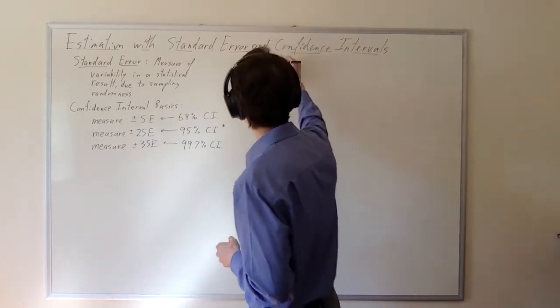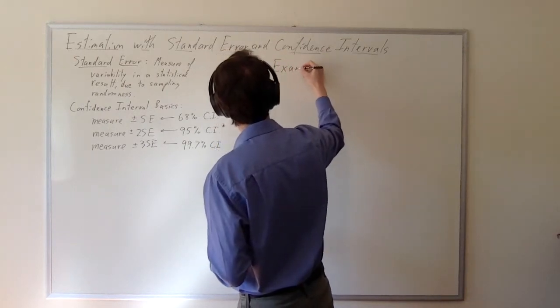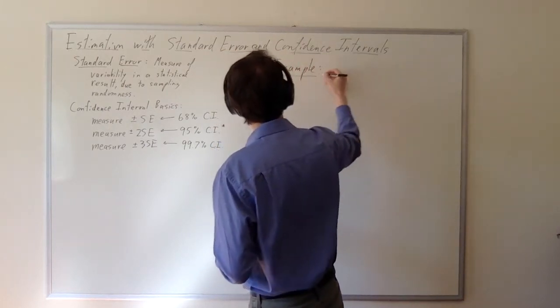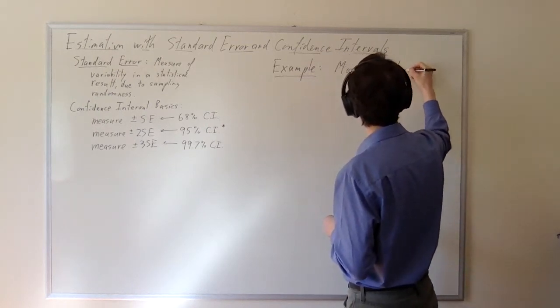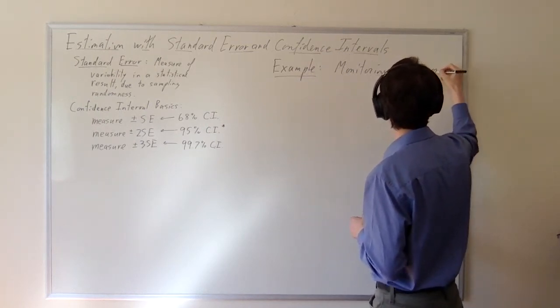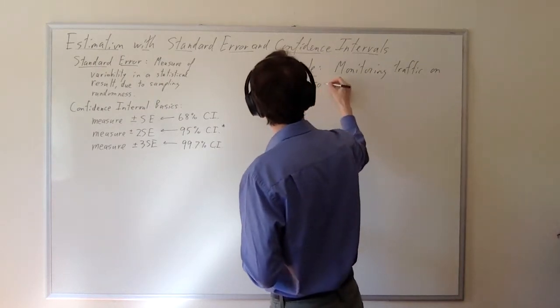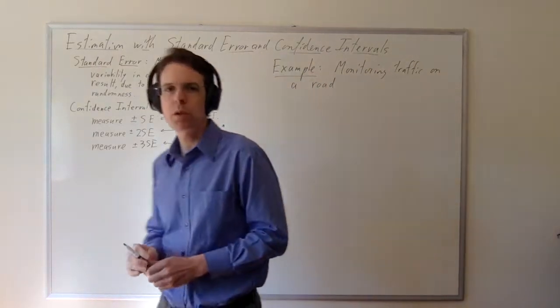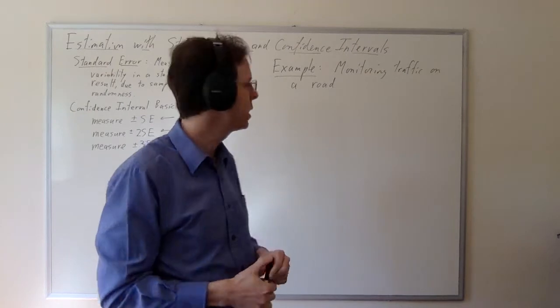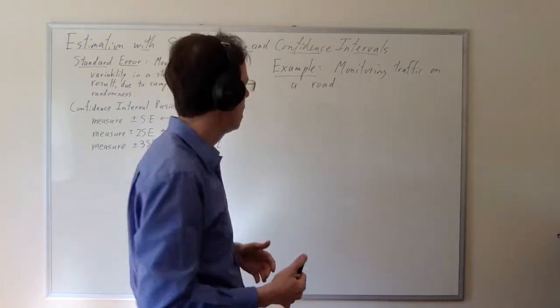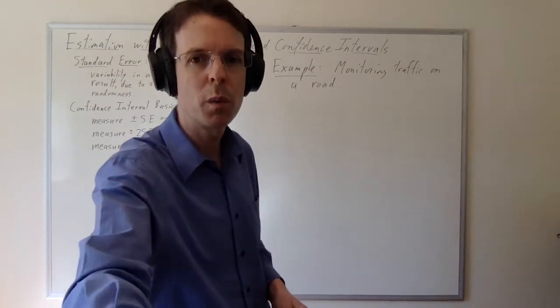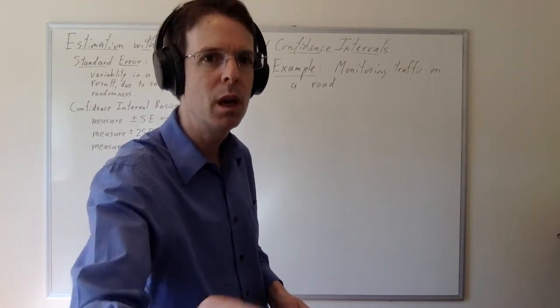Okay, so the example is going to be a traffic monitoring example. I want you to imagine that we're monitoring traffic on a road. Now, why would we do this? Well, sometimes you have to consider, is it appropriate to change the speed limit? Or are people generally breaking the speed limit? Or is there some new situation on the road that requires that we need to do something?